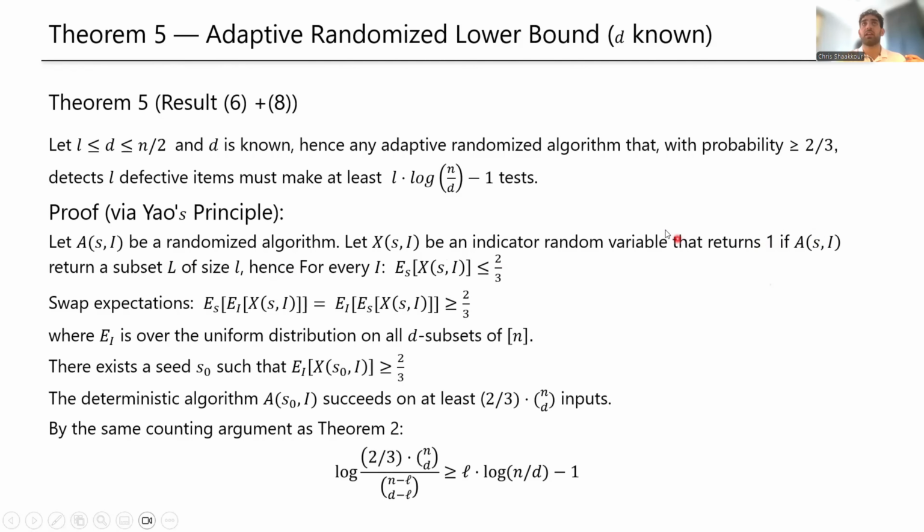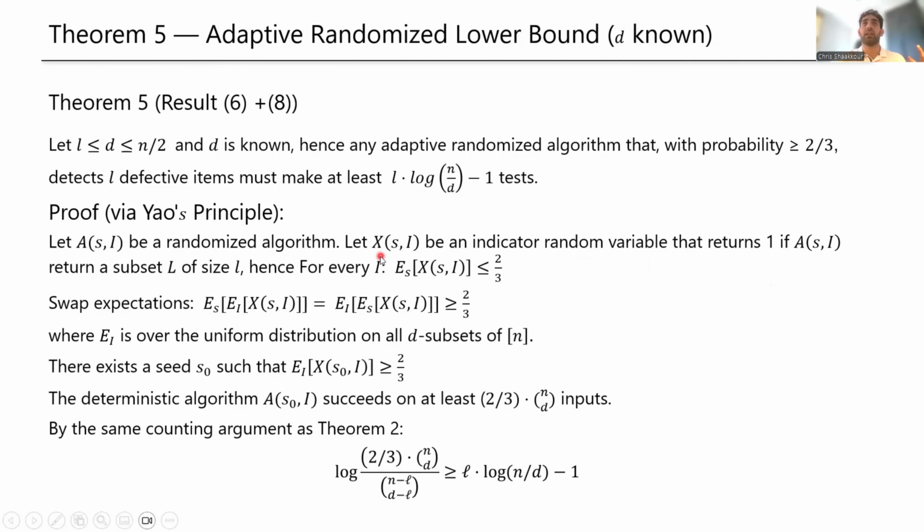Why are we doing this? Because the algorithm that is used above detects L defective items with probability greater than 2/3. So it doesn't always detect L defective items. So we turn the algorithm A into an indicator X, which is also dependent on the seed, because it uses the algorithm A to return 1 if the algorithm returned a positive subset L of size L. If it didn't return a positive subset, the indicator is 0.